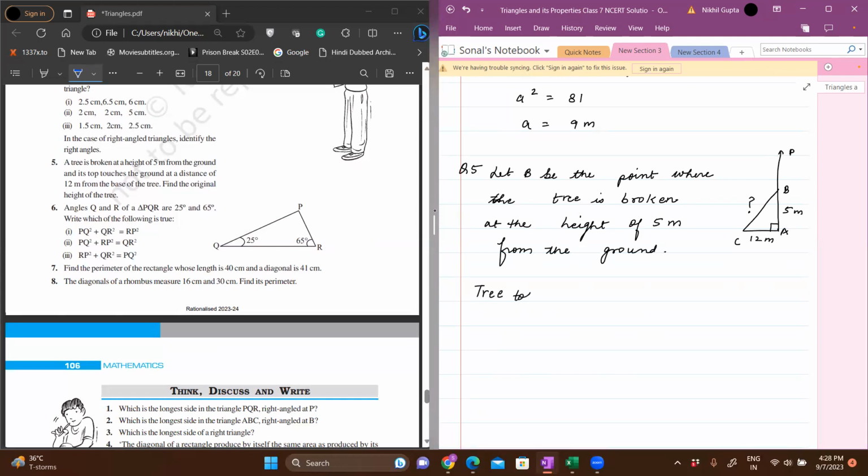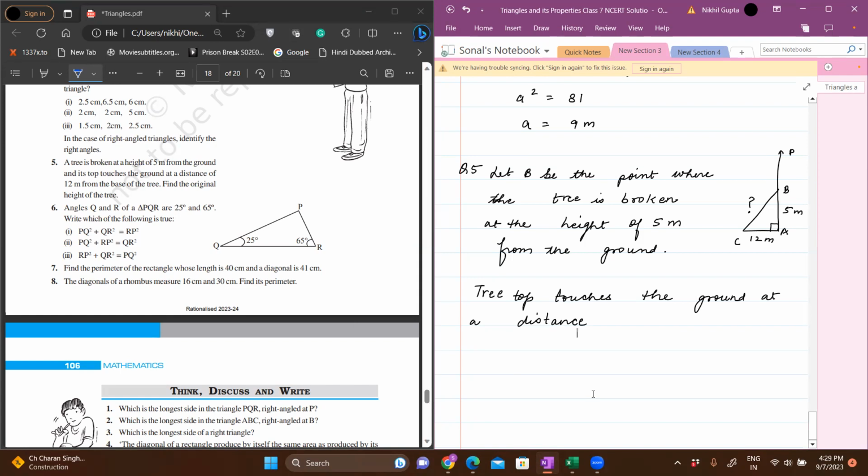Tree top touches the ground at a distance of 12 meters, AC, which is equal to 12 meters from the base of the tree.